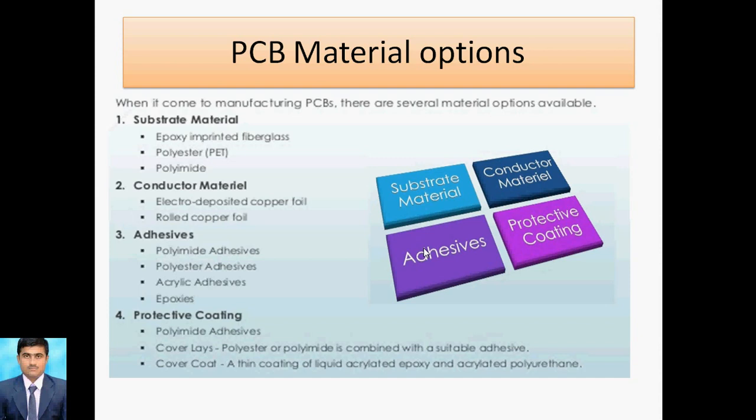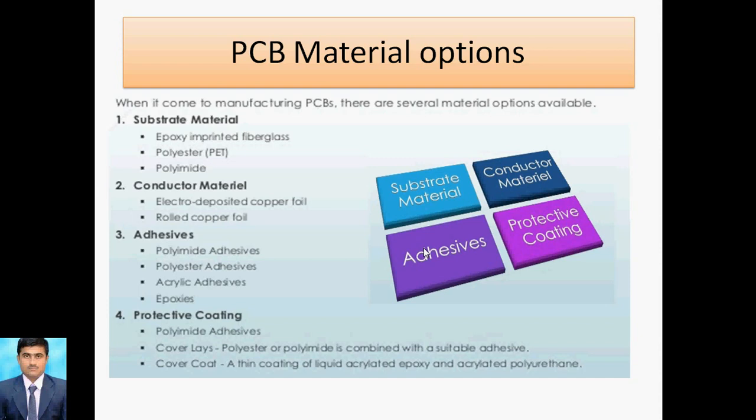So these are the material options available to us. The first option is substrate material, which includes epoxy impregnated fiberglass. Second is polyester. Third is polyimide. So this is regarding the substrate material. Then second is the conductor material. It can be rolled copper foil or electro deposited copper.